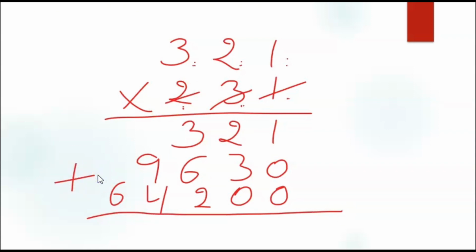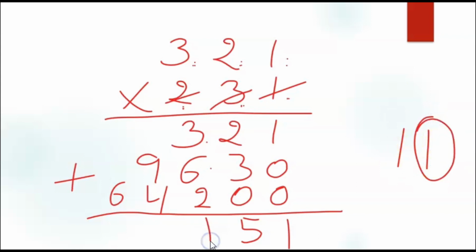1 plus 0 plus 0, 1. 2 plus 3 plus 0 is 5. 3 plus 6 is 9, plus 2, 11. So we're going to take this 1, put it over here. We have 1 in our hand. We can put that 1 on top of number 9. Next, 9 plus 1 equals 10, plus 4, 14.